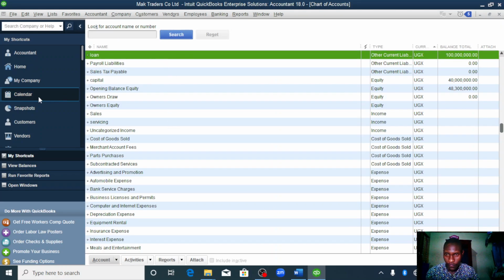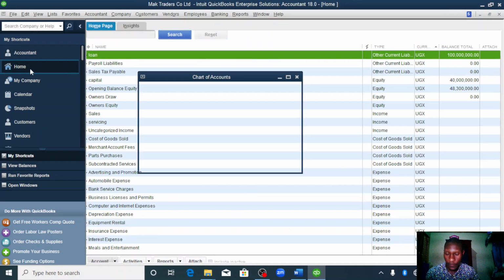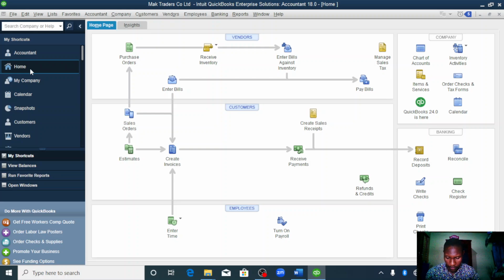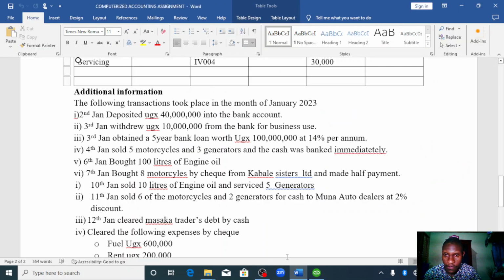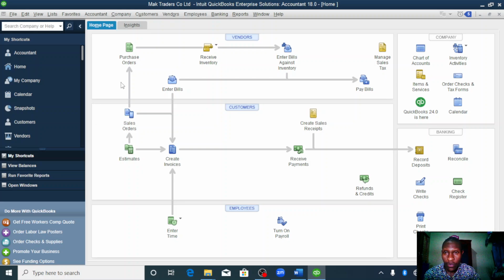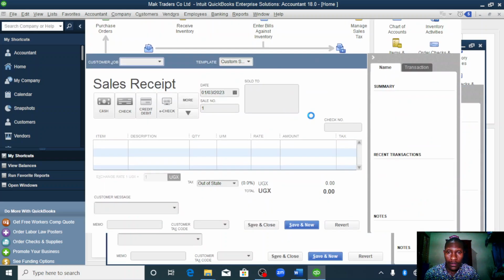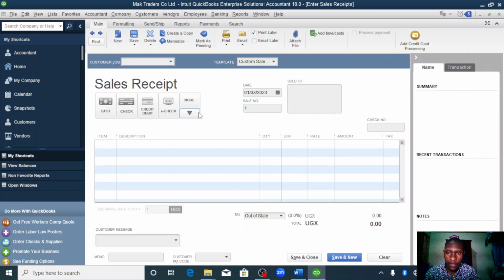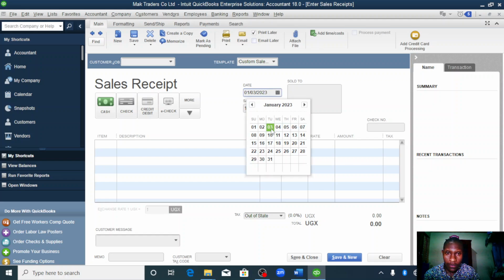Then we are going on another transaction dated 4th. It said sold 5 motorcycles and 6 generators, and the cash was banked immediately. So we go to create sales receipt. Click on cash. We update the date, which is 4th.